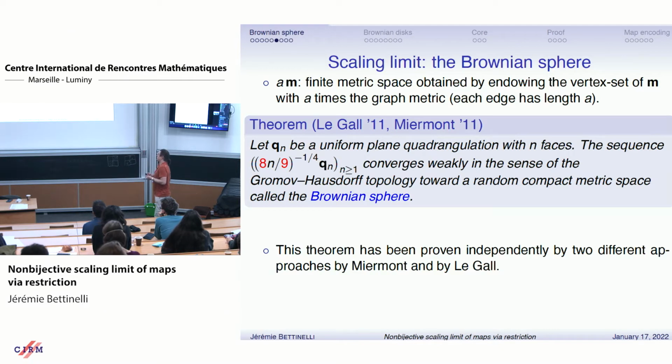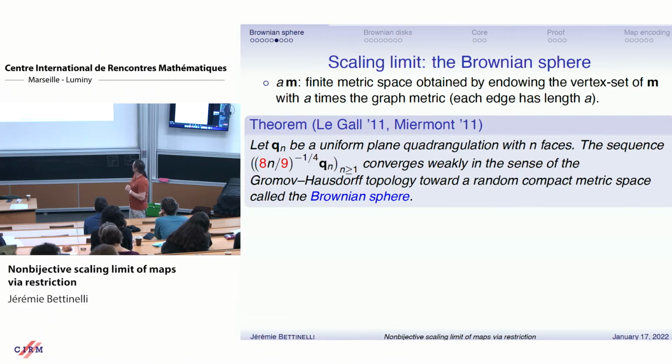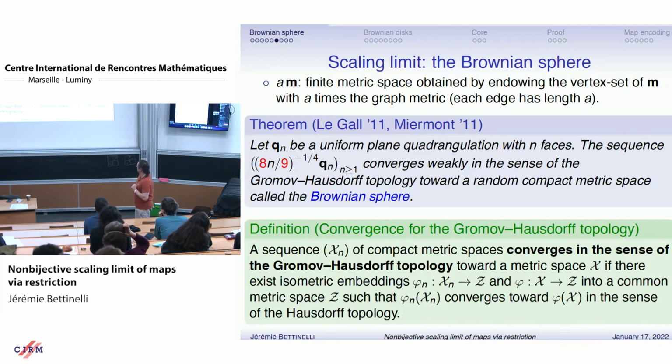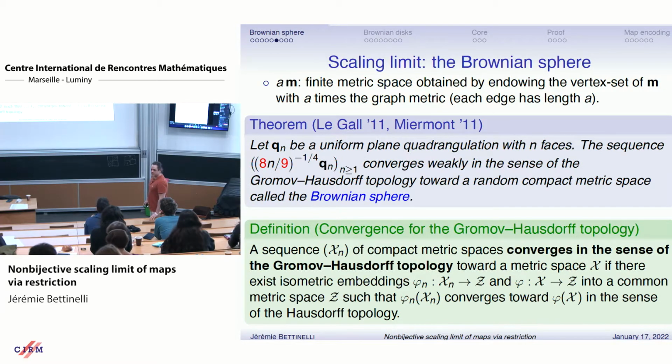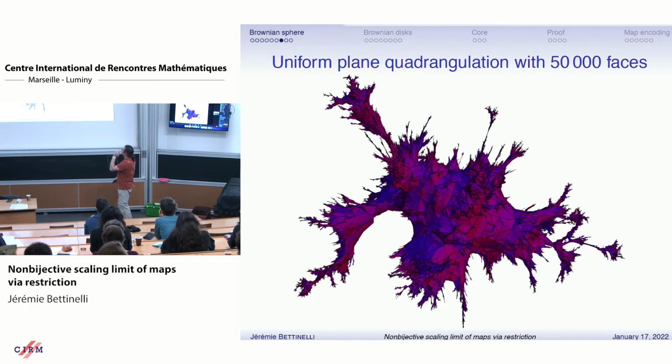Most of you already know that, but it's really a theorem that was shown by two different approaches, by Le Gall and by Miermont in 2011. And this is a picture. This is a uniform plane quadrangulation with 50,000 faces. Looks like this. Very nice sphere.